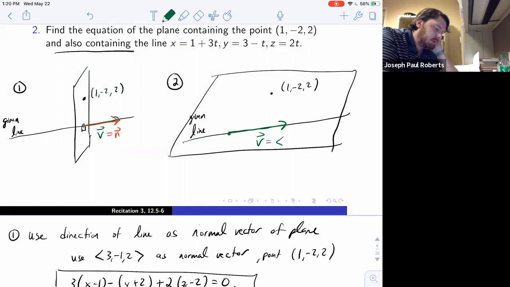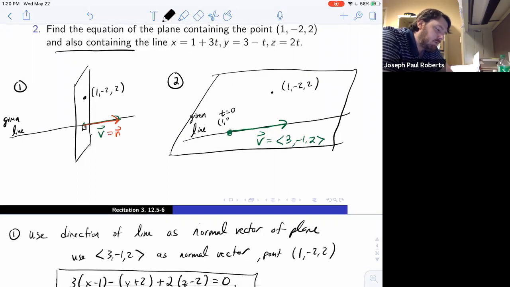So what else do we know? Well, this is something that I think people forget a lot, that these line equations tell us as many points on the line as we want. All you do is plug in a value of t, and you can get a point that's on the line. So 1, 3, 0 is a point on the line.